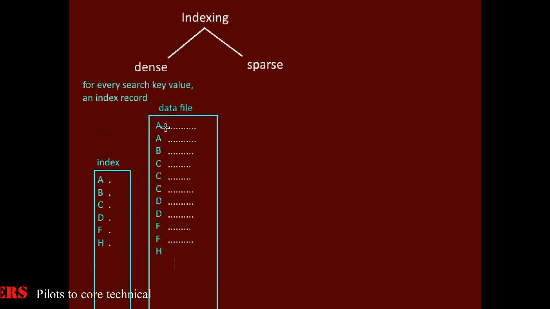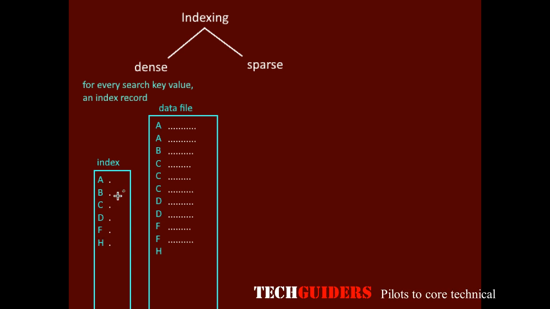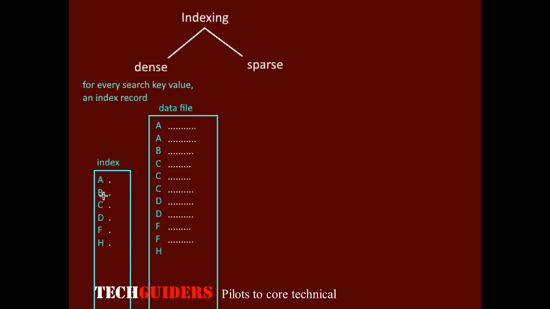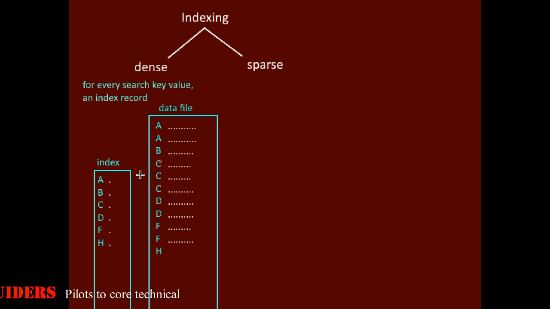Here, for the search key A, we are having a corresponding index entry. For B, we are having an indexed record. For C, we are having an indexed record. For D, for F, for H, and so on. So here also, for every search key, we are maintaining an index entry or indexed record. This is also an example for dense indexing.